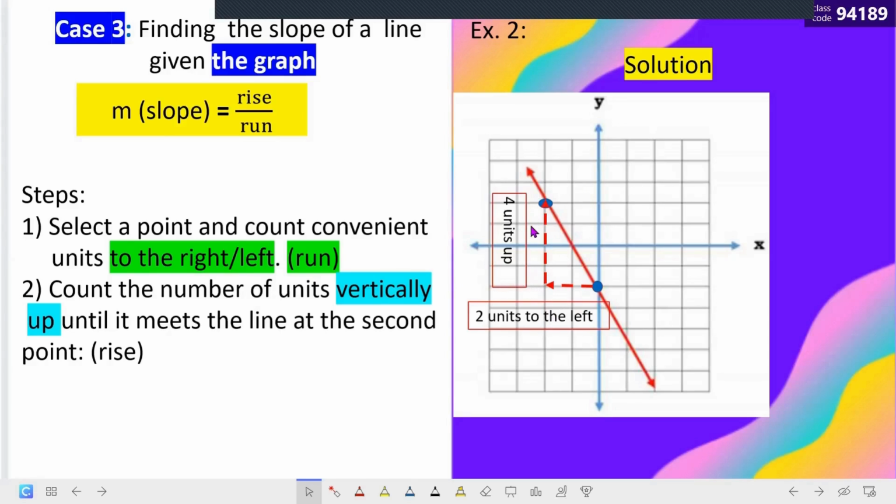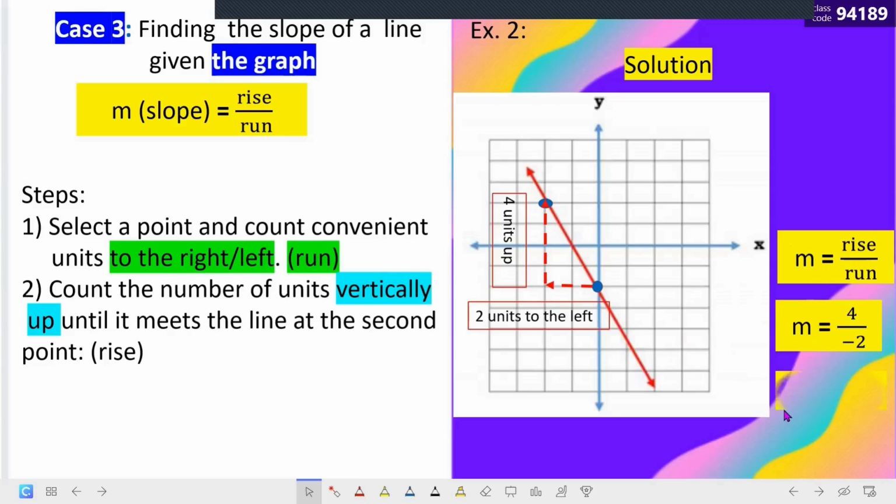That means we will give a sign of positive. Now with this, we can solve for the slope. M equals, our rise is 4 units up, so it's positive 4. Our run is 2 units to the left, so we give a sign of negative 2. The movement indicates the sign of your run units and rise units.